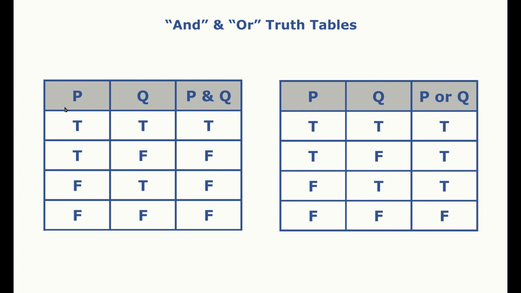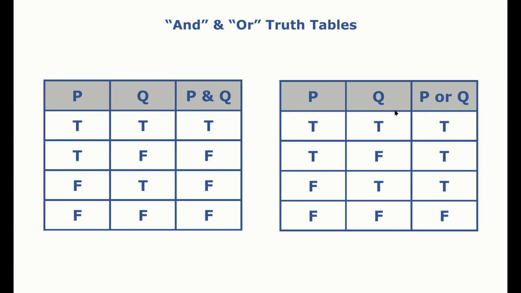Notice that if the statements P and Q are both true, then "P and Q" will also be true. But if either one of those is false, or if both are false, then the statement "P and Q" will be false. So in order for an AND statement to be true, both the statements in it have to be true.